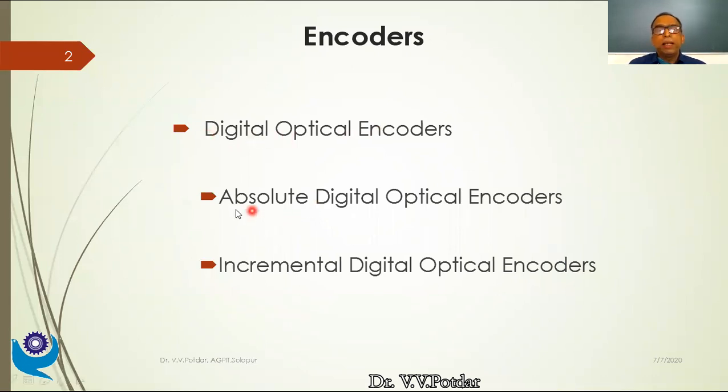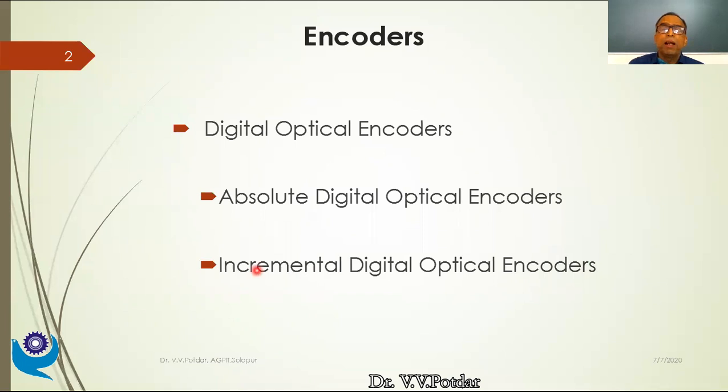As the name indicates, absolute digital optical encoders help me in giving the absolute, exact position. That can be a linear position or an angular position. Whereas incremental digital optical encoders provide me not only position, but they can tell me about the distance traveled. They can tell me about the RPM in case of a shaft. So they can tell me about some form of velocity transformation even.